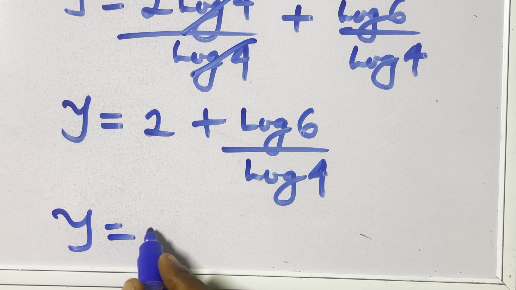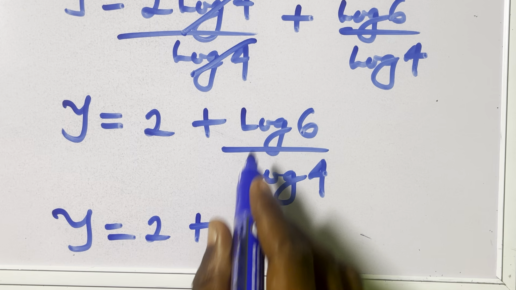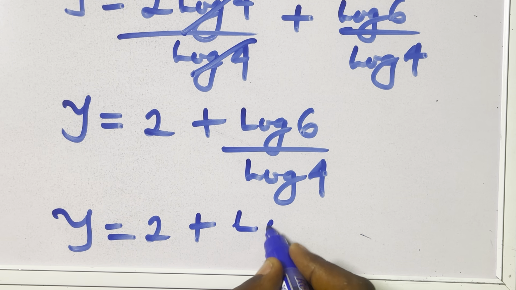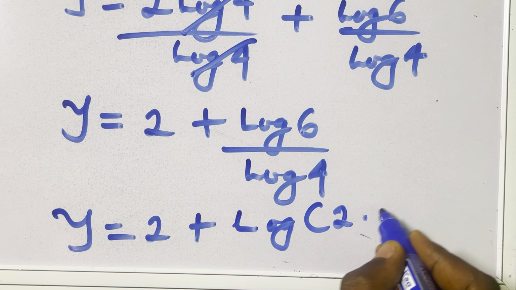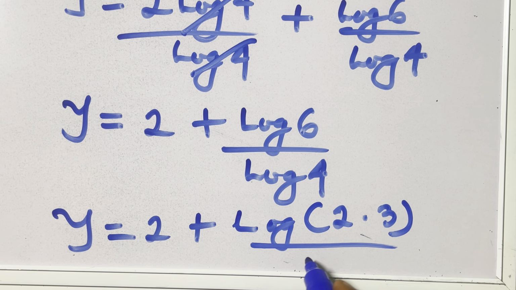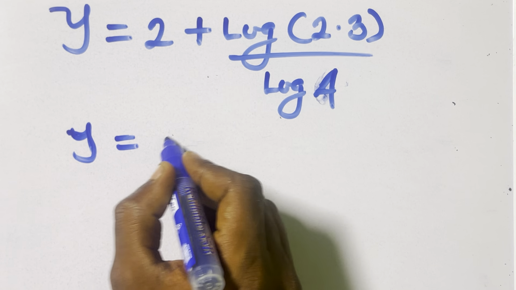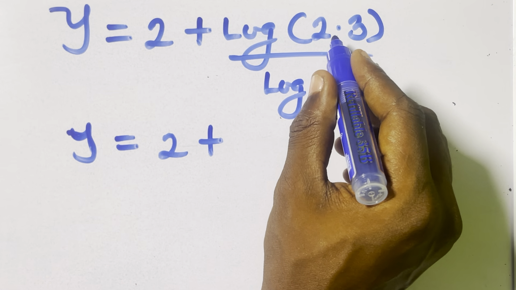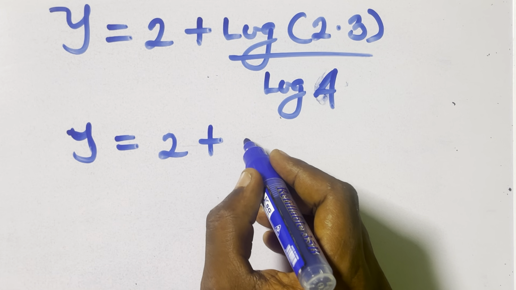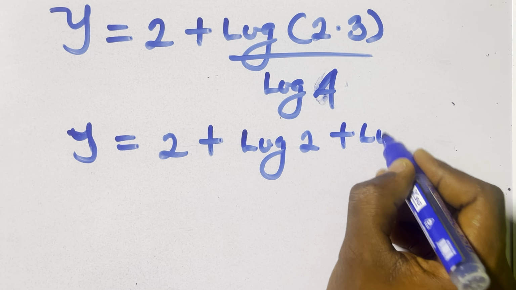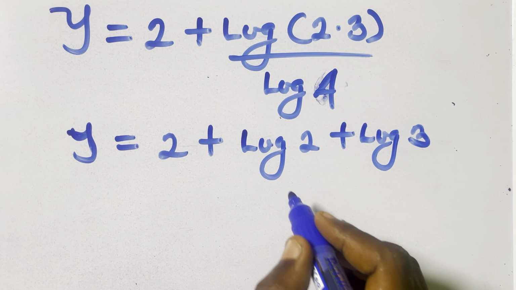Therefore our y will be equals 2 plus, let's do something interesting here by breaking 6 down into 2 times 3, divided by log 2 raised to power 2. So here we have y equals 2 plus, if you apply the property of logarithm here, we are going to have log 2 plus log 3, right?